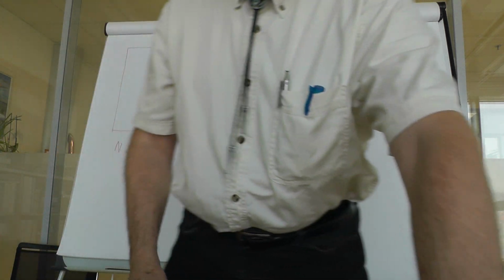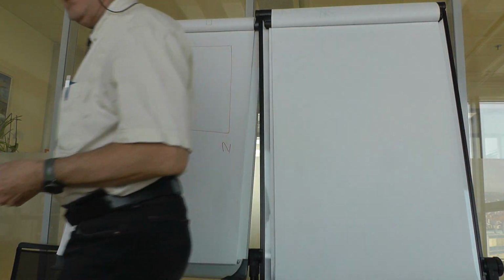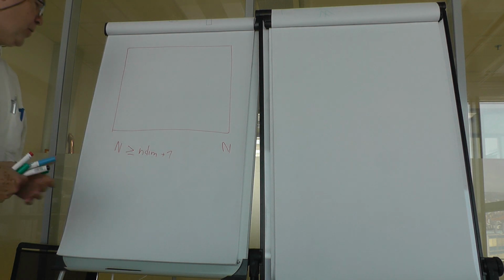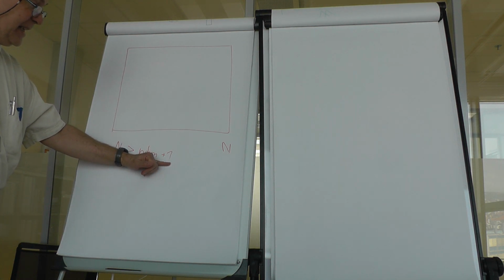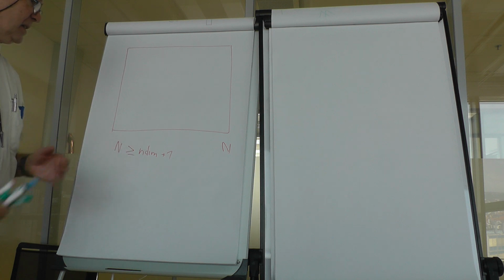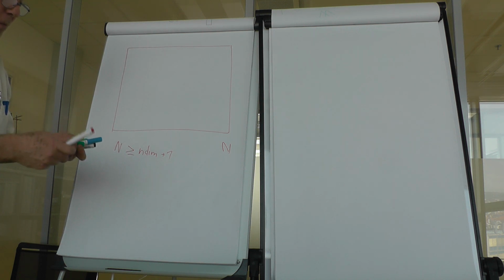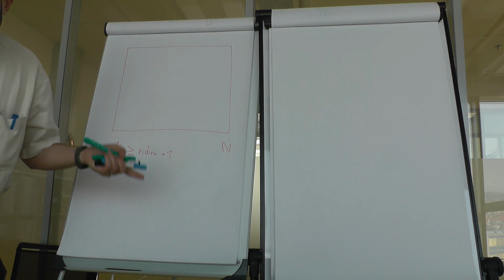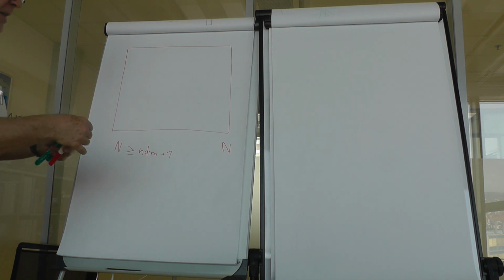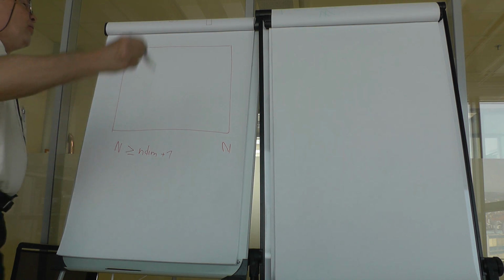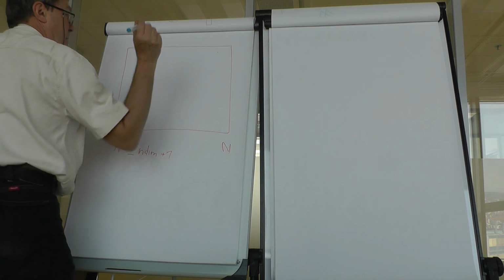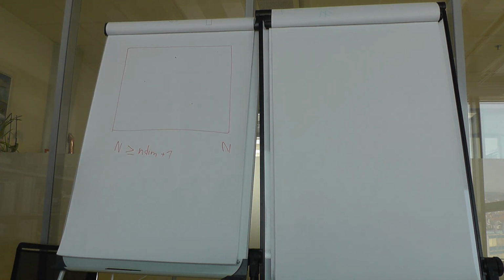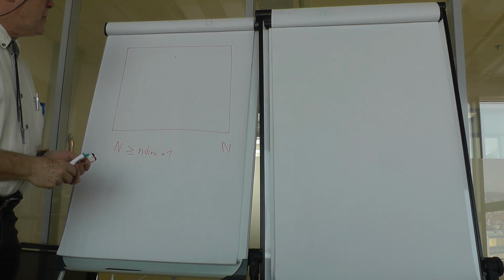Well, a good choice mostly is 2 times the number of dimensions, but for the method to work you need at least more than the number of dimensions. So let's say I start with 4 points at the moment. So randomly I find 4 points. So this is the beginning.